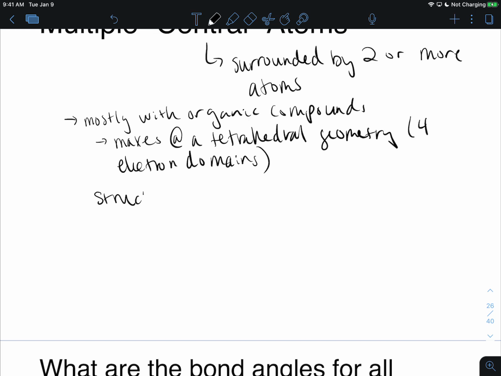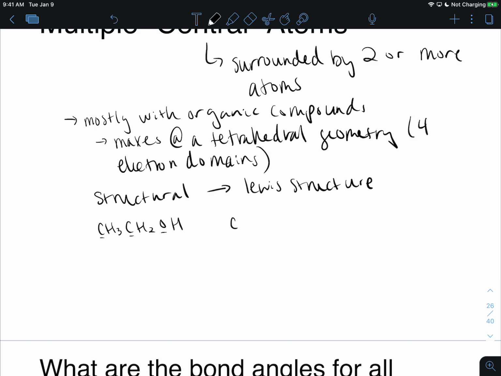So from structural to Lewis structure. So we have something like CH3CH2OH. These are going to be our central atoms.